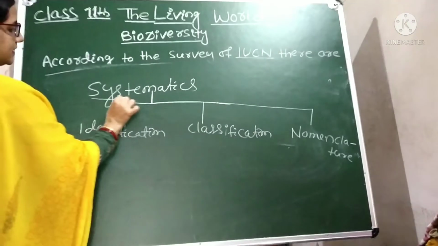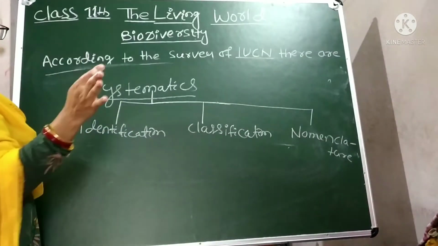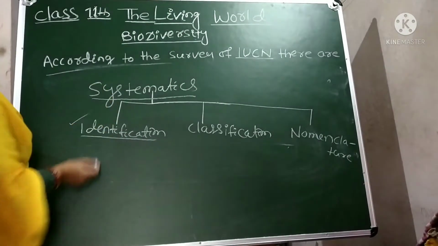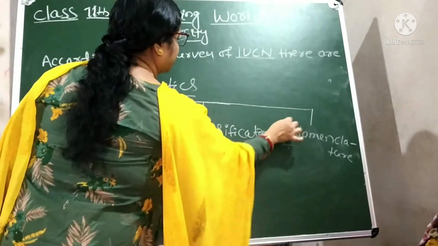Linnaeus said that systematics consists of 3 different categories. First, identification, second, classification, and third, nomenclature.